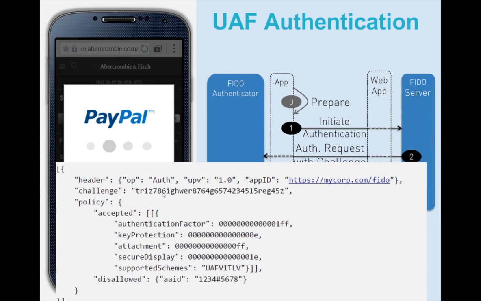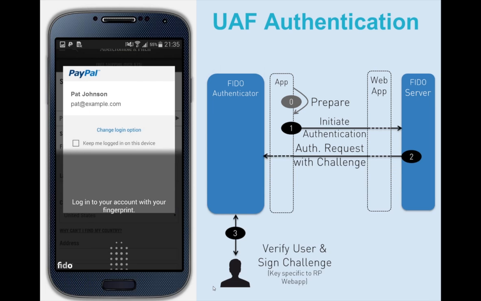It has a header, contains a challenge, and a policy, like essentially I accept all authenticators, authentication factors, which is the fingerprint, the face recognition, the user verification method, all key protection methods. It could be embedded into the phone or could be an external authenticator. Might have a secure display or might not have it. Don't really care. But there's one authenticator model which is explicitly disallowed.